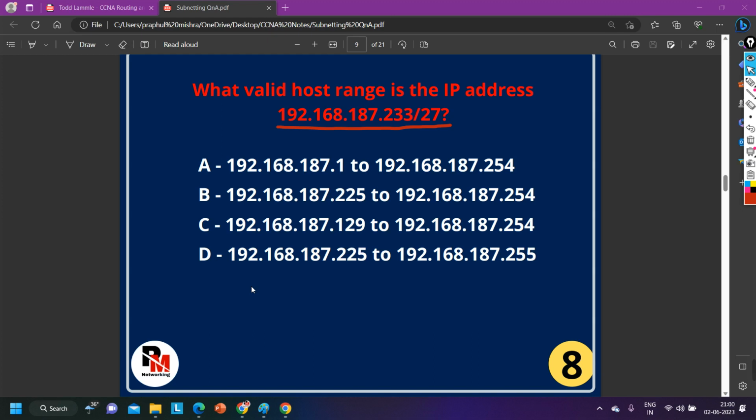Okay, guys, you can verify these questions. Let me check which option is right. Is option C the correct answer? I think D. I have to solve it.